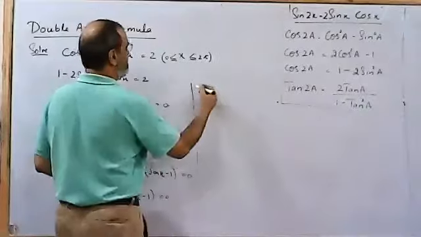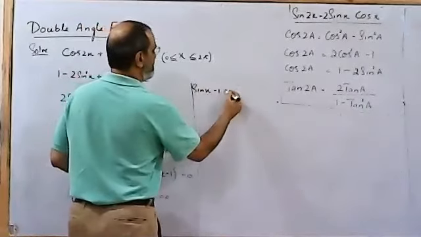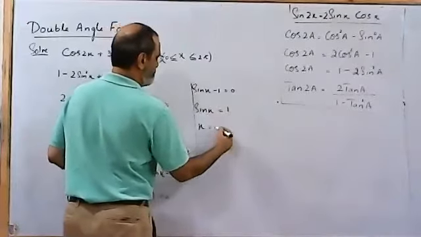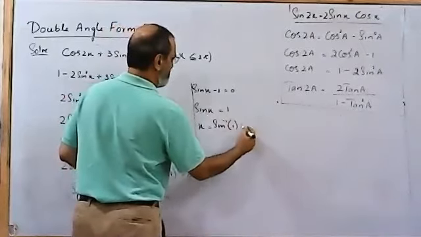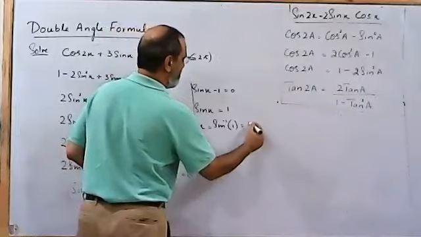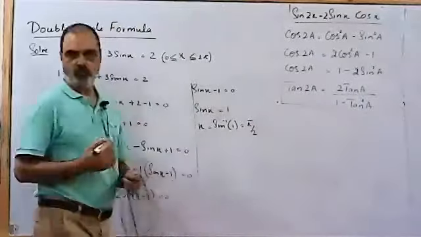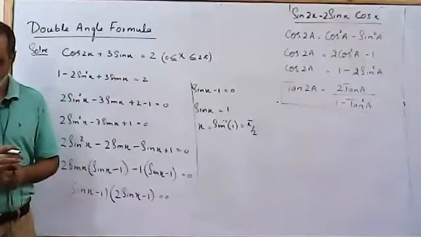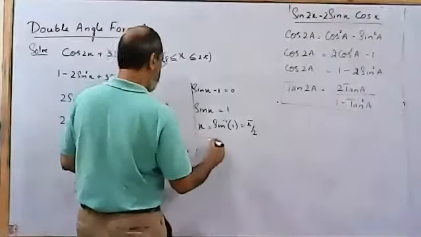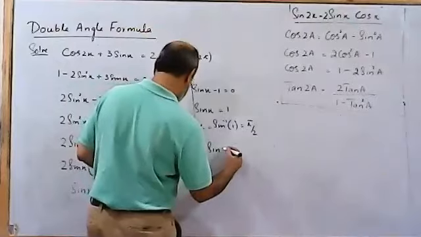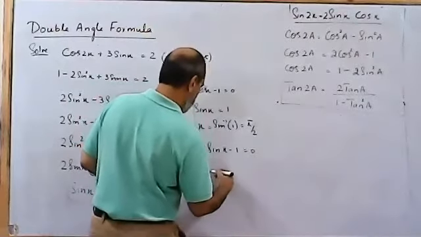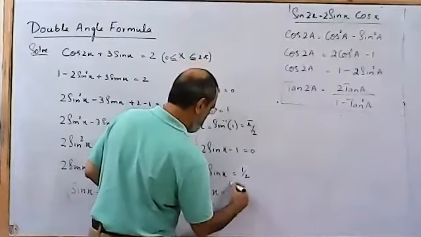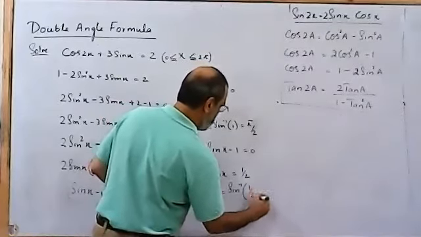If I consider the first factor, sine x minus 1 is equal to 0, or sine x is equal to 1. So x is equal to sine inverse of 1, that is 90 degree, or in this case pi by 2. There is only one answer. And for the second case, 2 sine x minus 1 is equal to 0, sine x is equal to 1 by 2, or x is equal to sine inverse of 1 by 2.